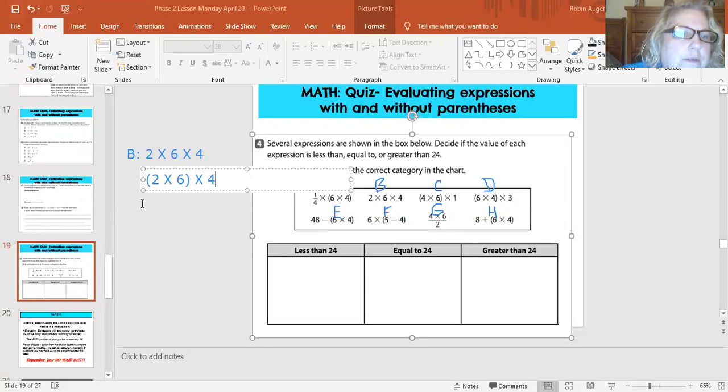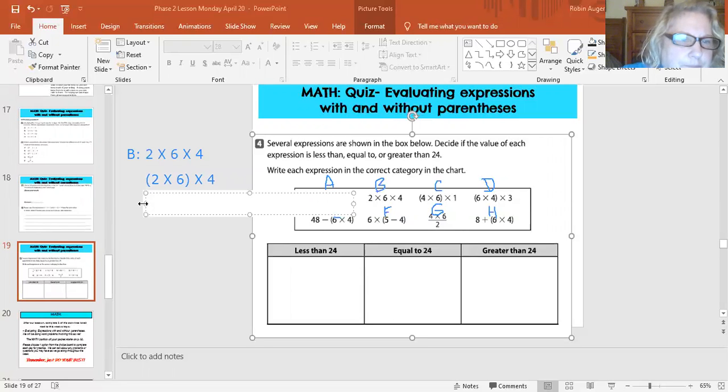Okay, solve the parentheses. 2 times 6 is 12. And then times 4 because we haven't used it yet.